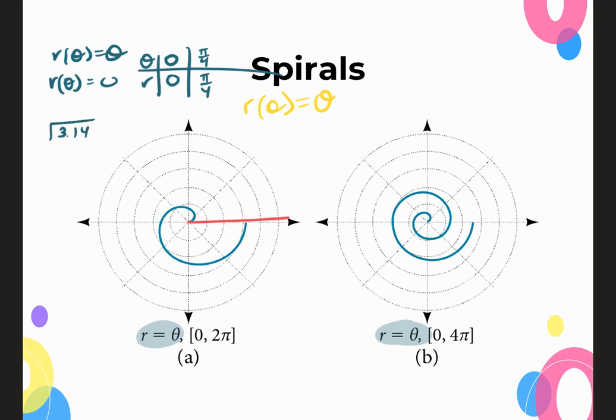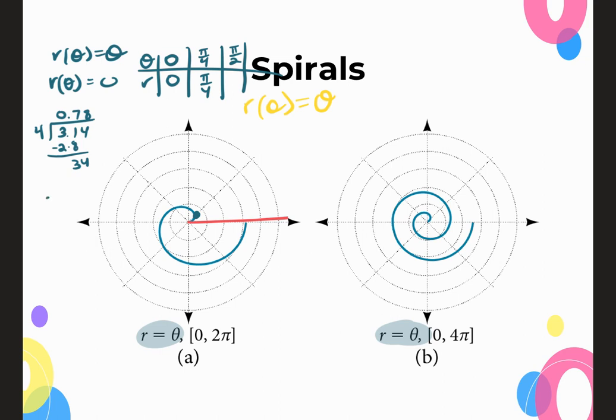Now what is pi over 4? 3.14 divided by 4, which would be 0.78-ish, because it would keep going. So that's less than 1, which is where that little dot is there. What is my r if theta is pi over 2?